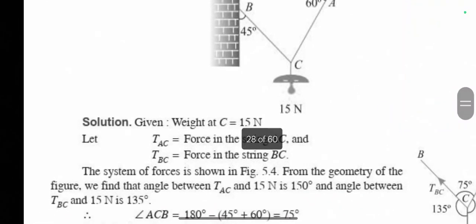So let us write the given data. Weight at C is 50 newtons, which is the tension at C. Let us say the tension in the string AC is TAC and in the string BC is TBC.